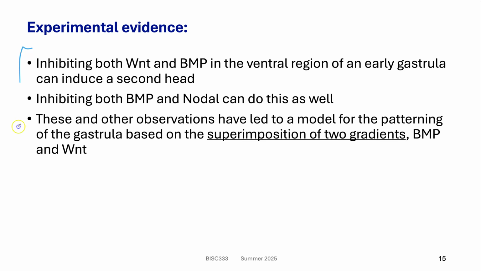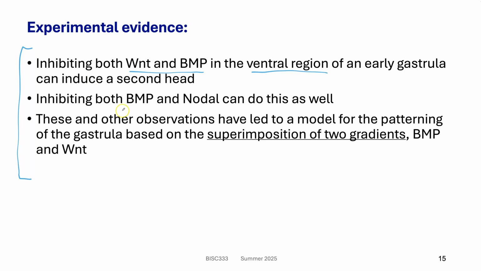And so here are some experiments. If you inhibit Wnt and BMP in the ventral region of an early gastrula, you can induce a second head. So the organizer region is required for induction of head, and if you recreate those conditions in an area that should have high levels of both of these signals and create a little cleared area where those signals are not taking place, you get a second head induction, just the way you would if you did an extra cortical rotation or introduced new Nieuwkoop center molecules in that region.